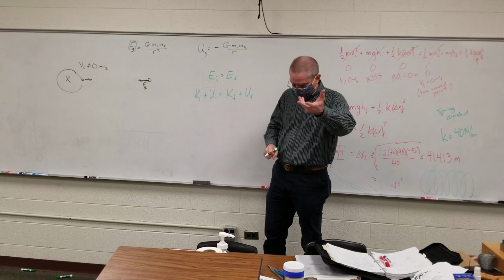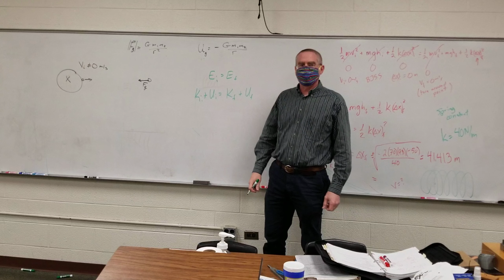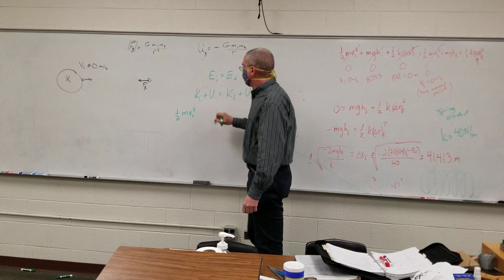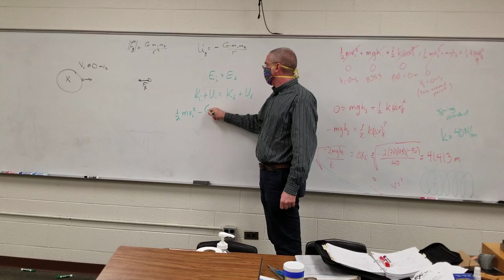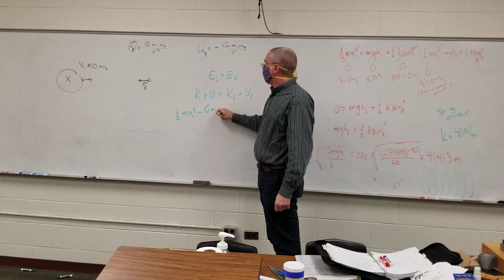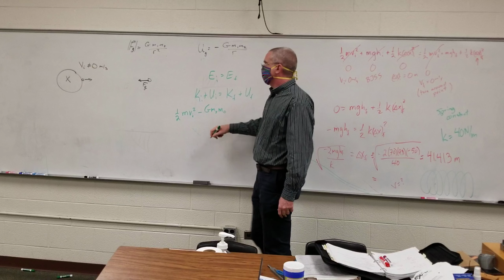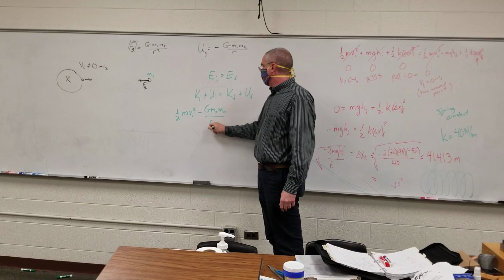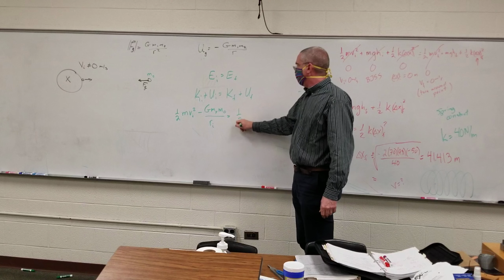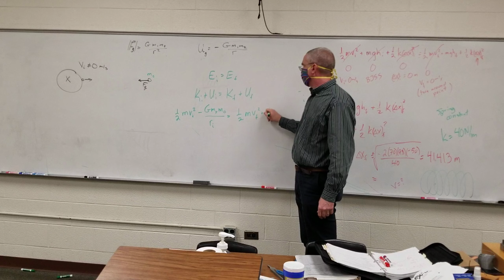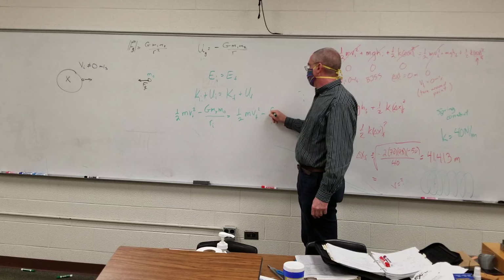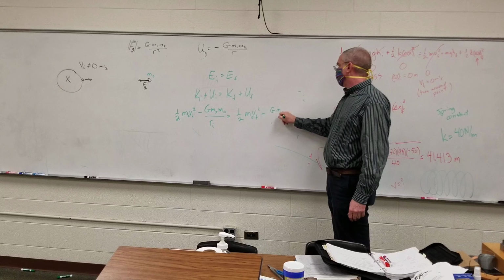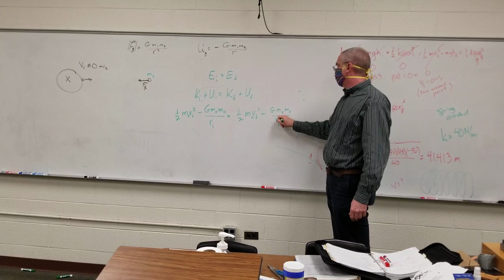Formula for kinetic energy: 1/2 mv squared. Potential energy: negative big G mass of X, mass of O over R initial, is equal to 1/2 mv final squared plus, oops, minus big G mass of X, mass of O over R final.